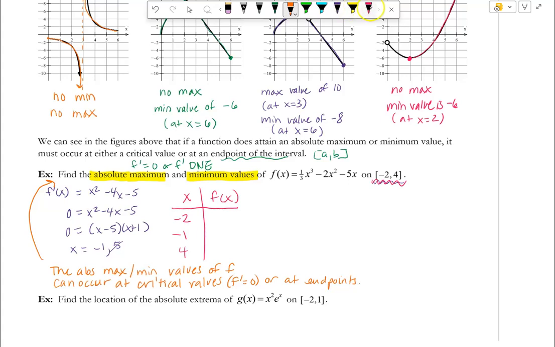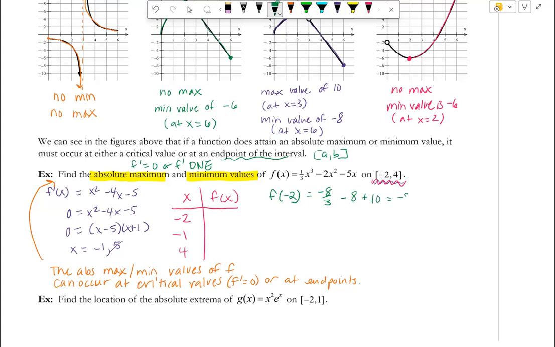Okay, so out to the side, I'm going to evaluate those three values. f of -2, let's see, that's 1/3 times -2 cubed, so -8/3, minus 2 times -2 squared, so that becomes -8, and then minus 5 times -2 is a plus 10 there.